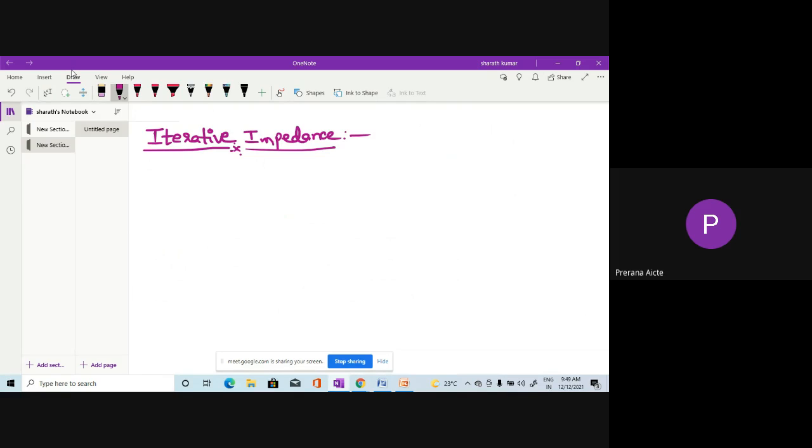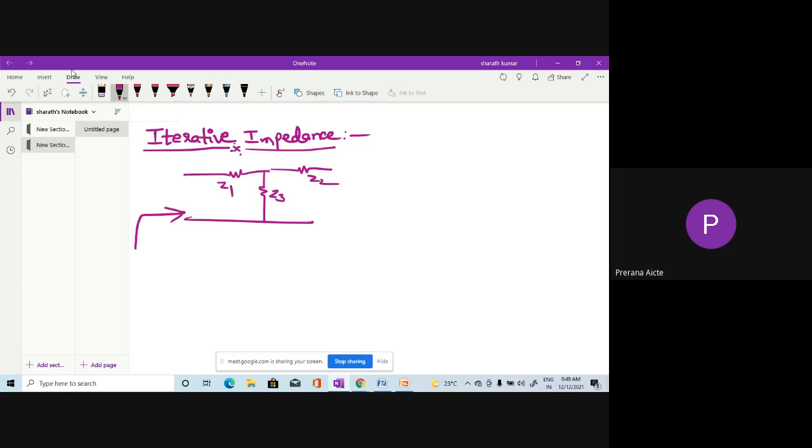Generally, when you look at the input, what are the circuit parameters that are visible? Z1 and Z3. If you look from port 2, what are the visible values? Z2 and Z3. We already discussed this point. Based on this, we are going to calculate the iterative impedance. Z1 here, Z3 here, Z2 here.